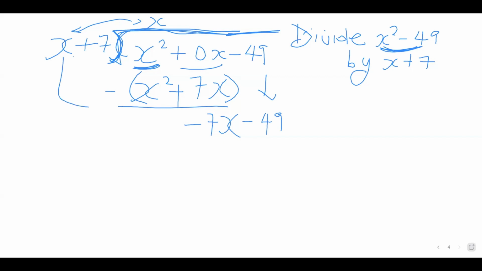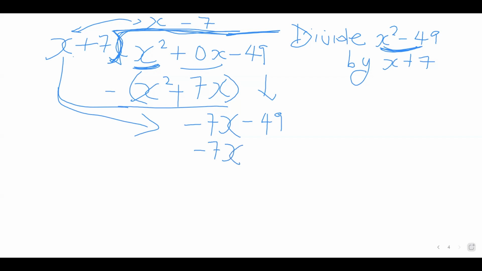So x into 7x is going to automatically be negative 7. So we're going to say negative 7 times x is negative 7x.